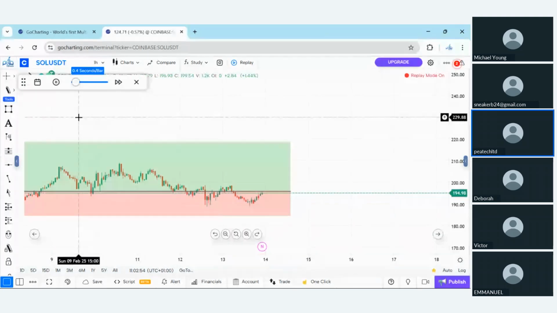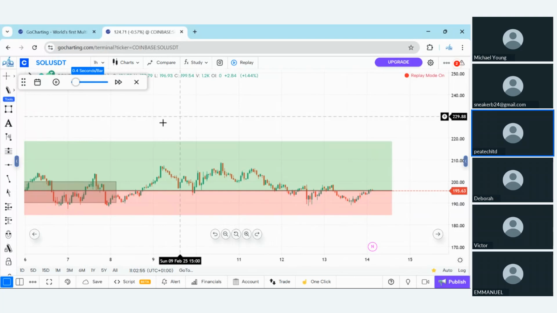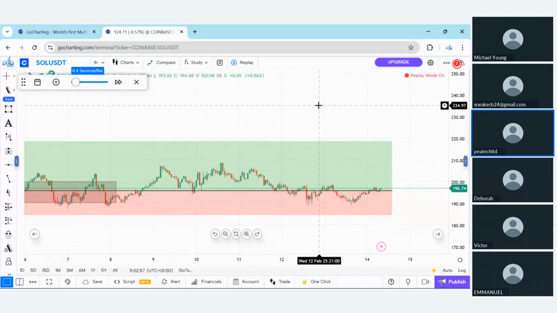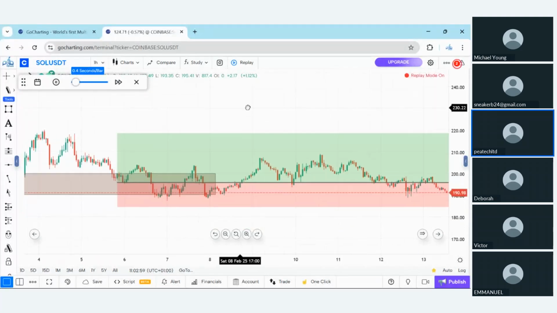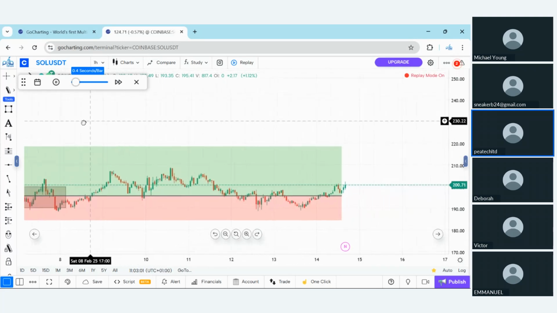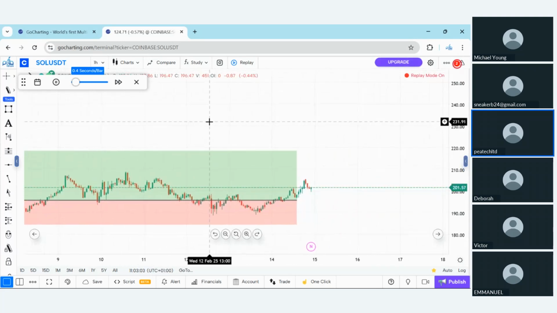Unfortunately, this trade entered a range, and if your trade is in a range, you just need to know what to do with that. This is an example of how you identify supply and demand.